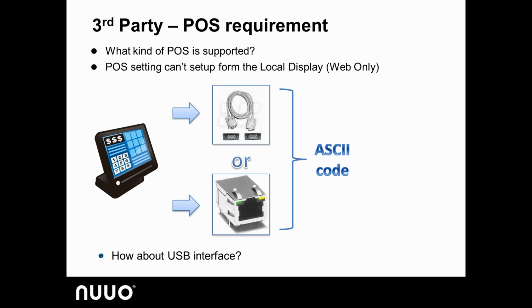First, you have to ensure the POS can send out the ASCII code via the RS-232, and you have to make sure of its protocol, because UTF-16 and UTF-32 are not supported. Also, the extended ASCII code is not supported.